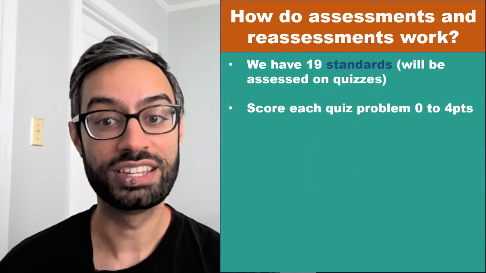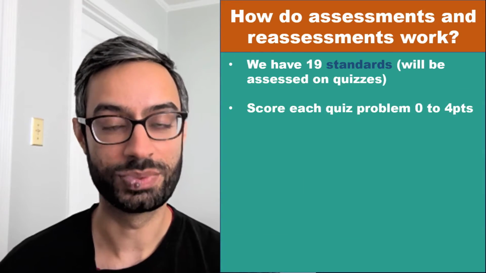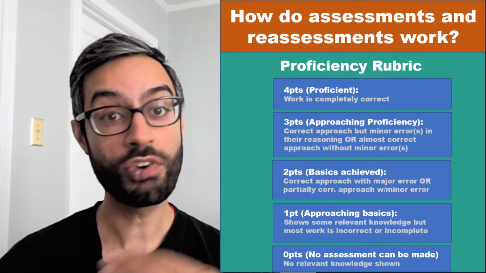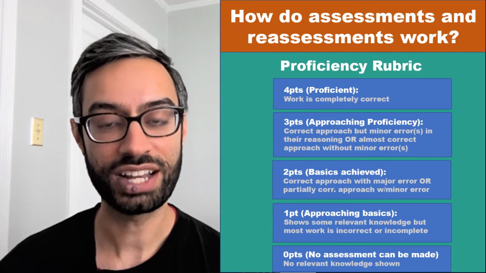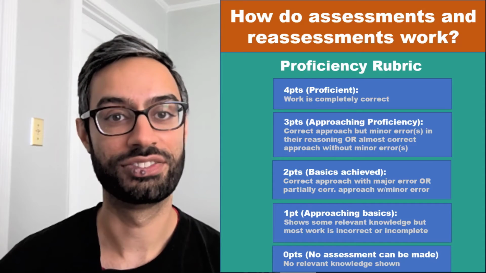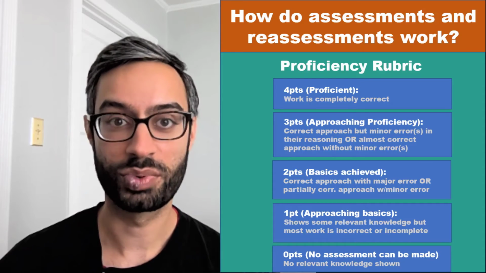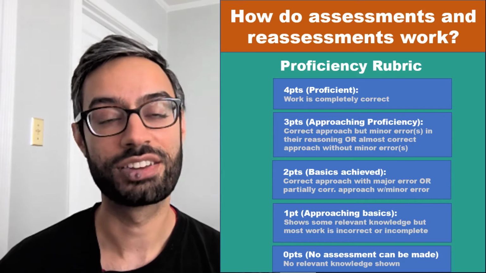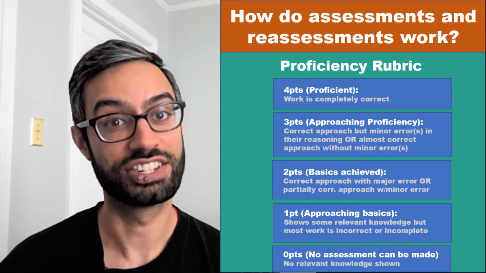So you'll be scored on each problem on a quiz between 0 to 4 points using our proficiency rubric. So you'll get 4 points if your work is completely correct. 3 points means you're approaching proficiency, 2 points if you've got the basics achieved, 1 point if you're approaching the basics, and 0 points if I can't make an assessment of your work because there's no relevant knowledge given.